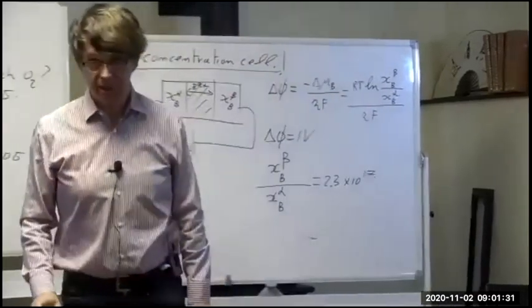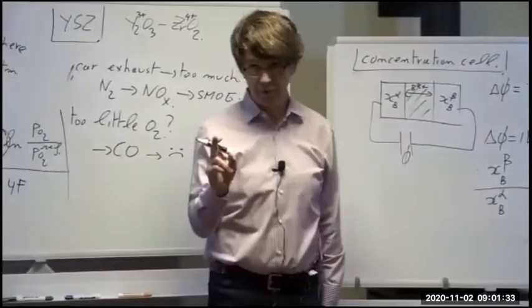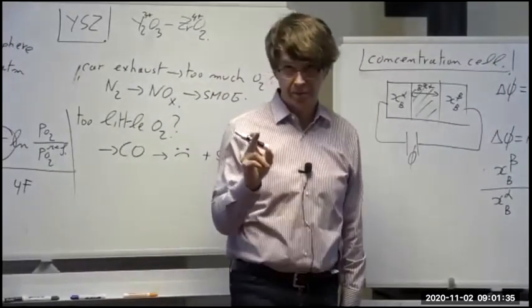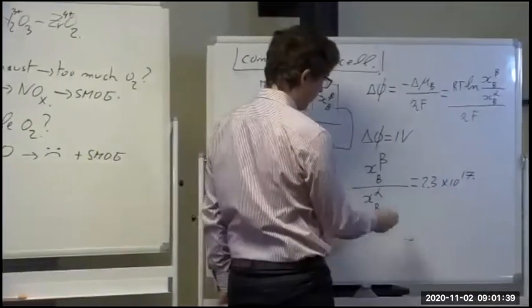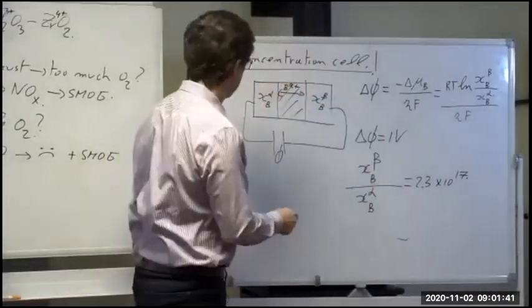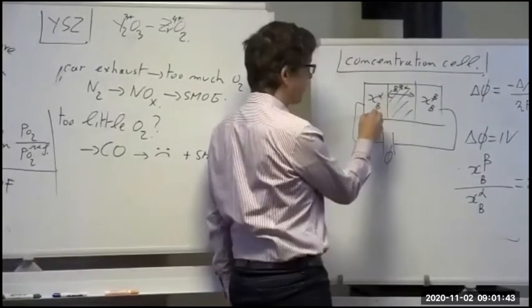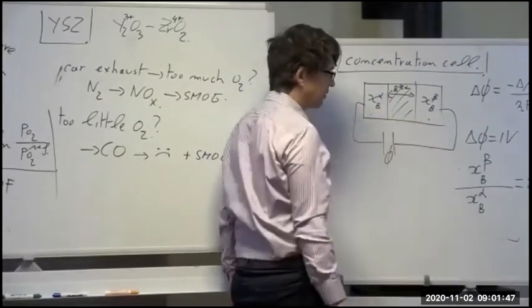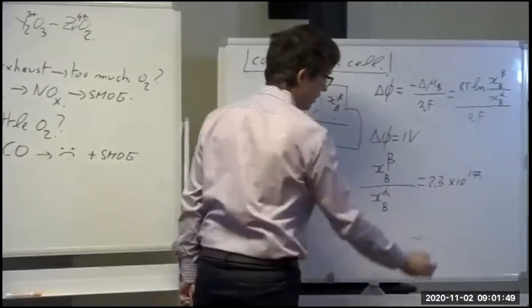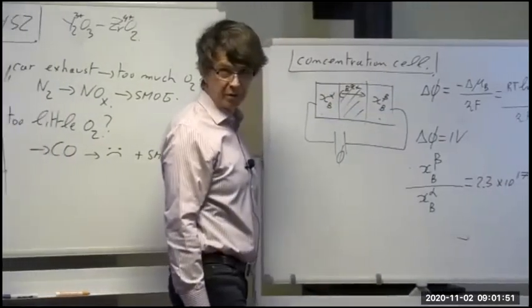That's amazing, right? And that's just with 1 volt. So with 1 volt, basically I'm going to suck this thing dry of B, and I'm going to put it all there, because this concentration ratio is 10 to the 17th.